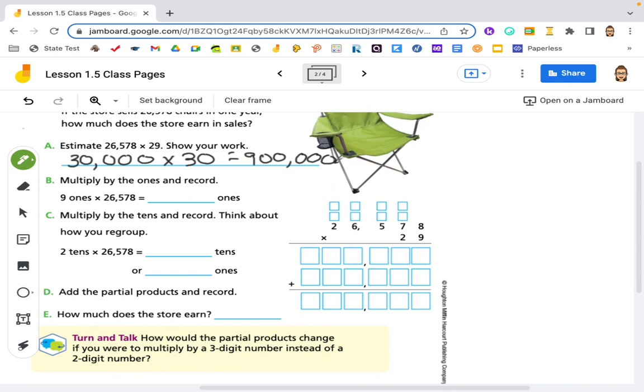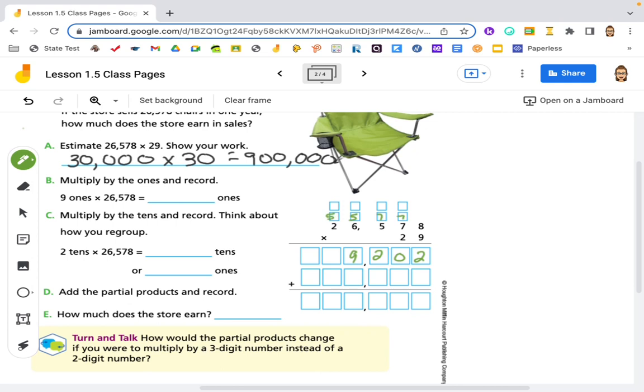So we're going to go 9 times 8, which is 72. 9 times 7 is 63, plus 7 is 70. 9 times 5 is 45, plus 7 is going to be 52. 9 times 6 is 54, plus 5, which is 59.